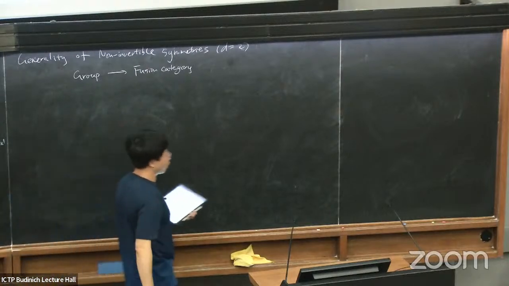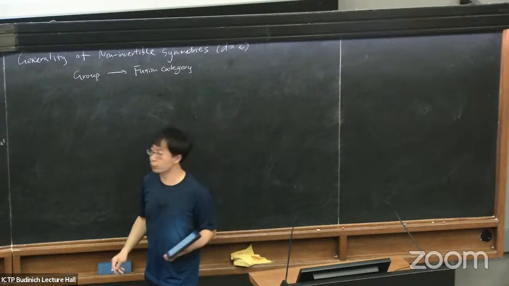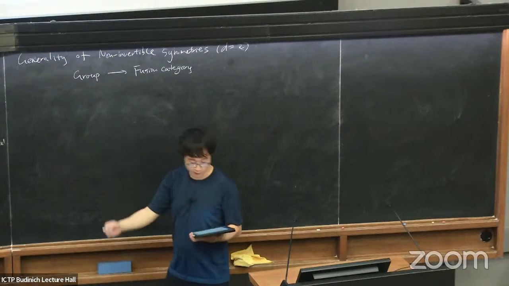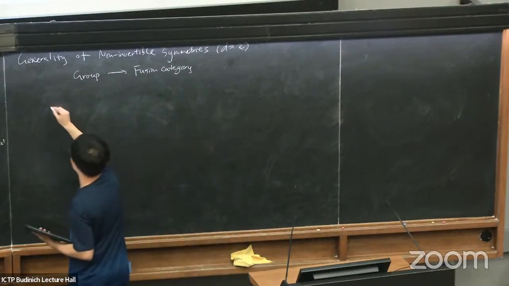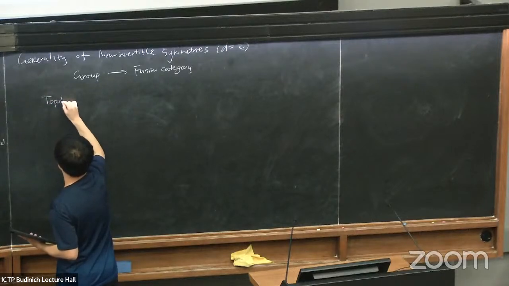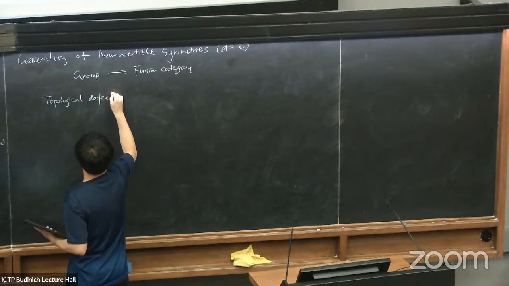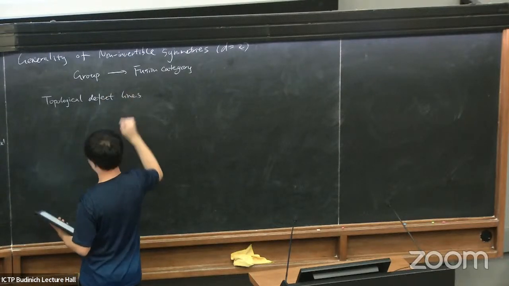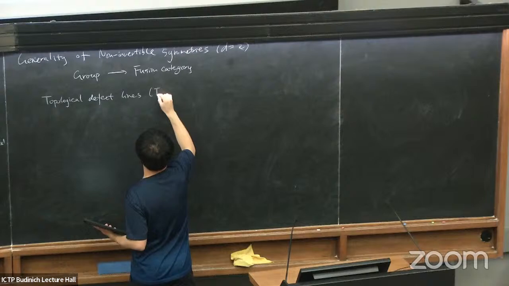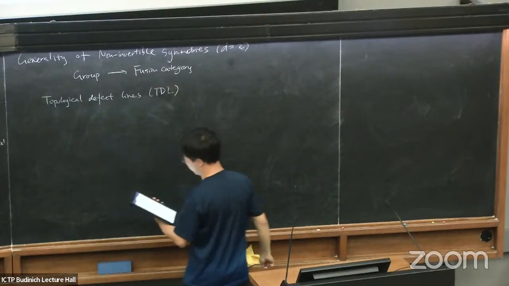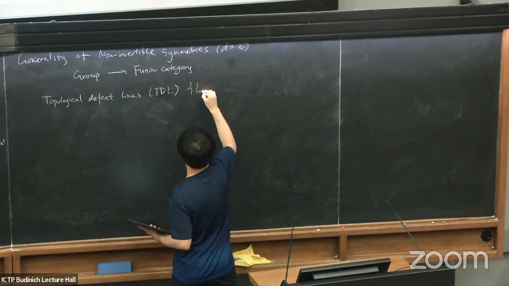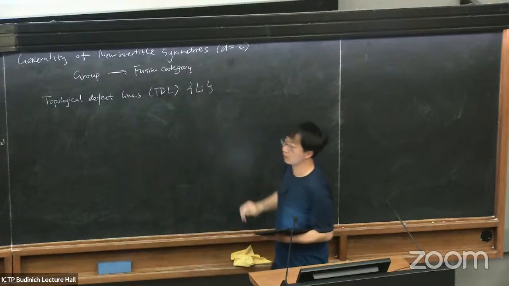So the basic starting point of defining a non-invertible symmetry in two dimensions in a general quantum field theory is to first specify the set of topological defect lines, which we will abbreviate as TDL, and denote by Li individually.